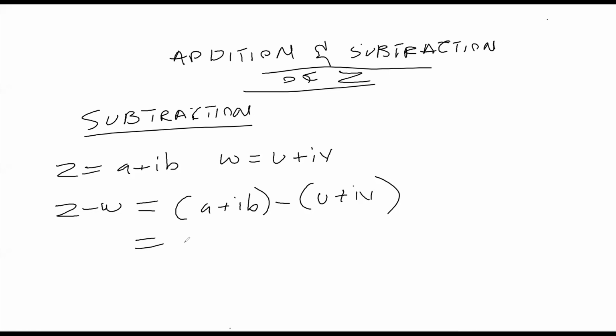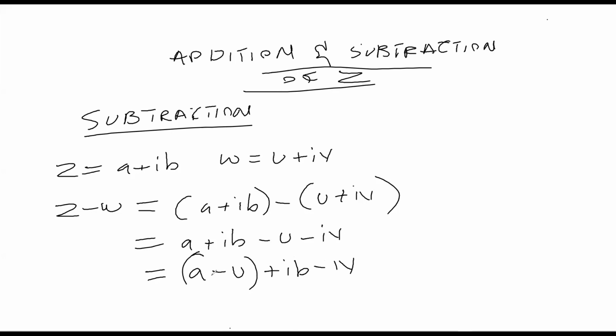So we're going to have A plus iB, then negative distributed with everything in there, you're going to have negative U, then negative iV. Now we get the like terms, so we're going to have A minus U, then plus iB minus iV.